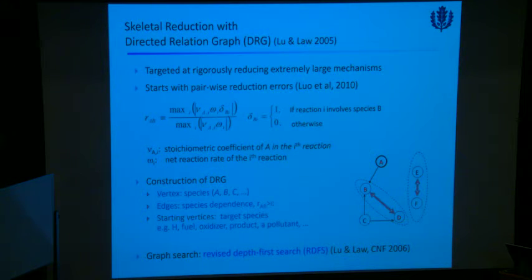Makes sense? If you define R_AB as some kind of normalized flux and you get a big flux from A to B, of course B is important to A. But the key is, if R_AB is small, can you conclude B is not important to A? If you cannot, you may end up with bad elimination, and the error can lose control.